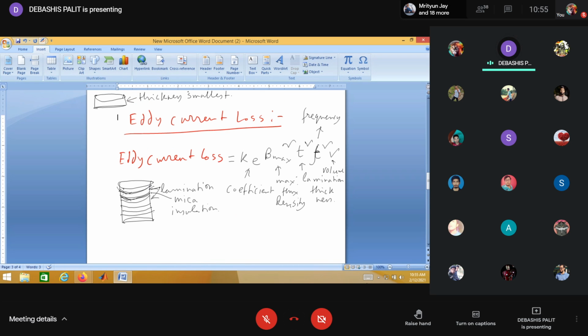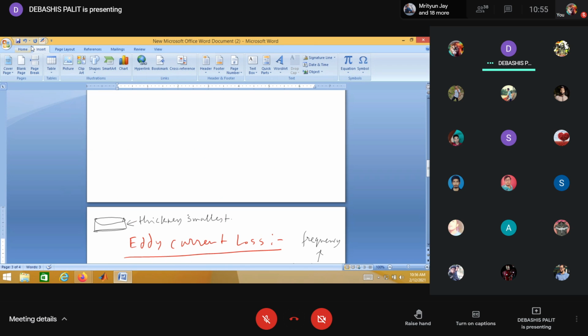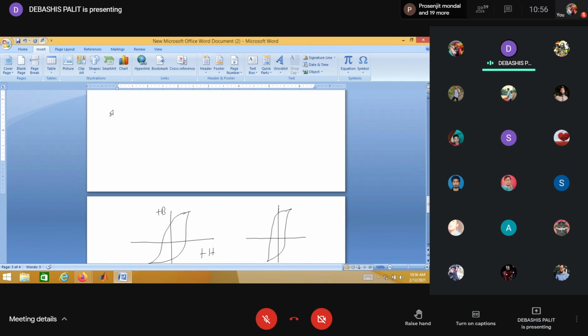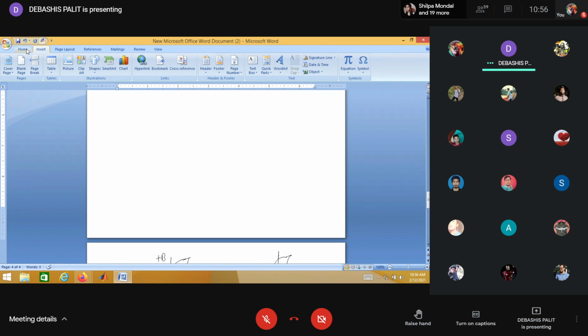Whenever I insert a page, the portion actually gets disturbed. Some of the written portion comes to another page also. I don't know whether I have already covered the footer portion.